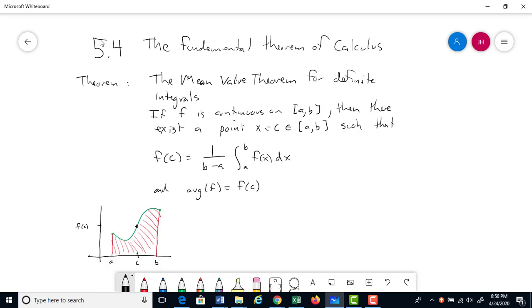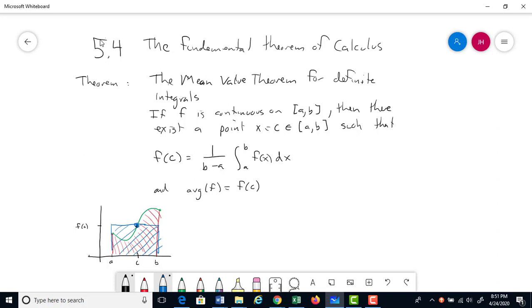Now to kind of prove that this is the case, my claim is that the rectangle created by f evaluated at c, this rectangle right here, that area is easy to calculate because it's a rectangle.